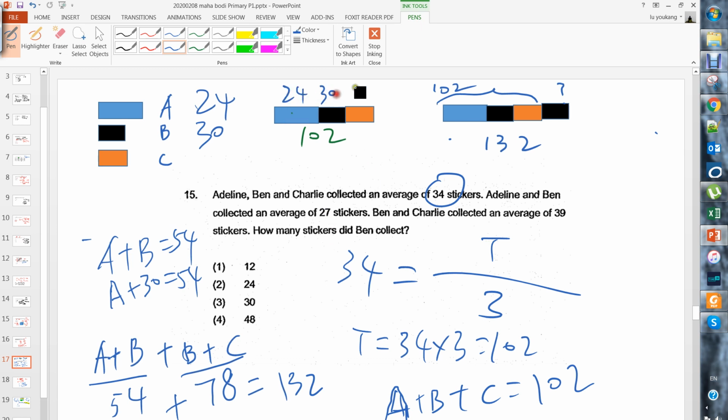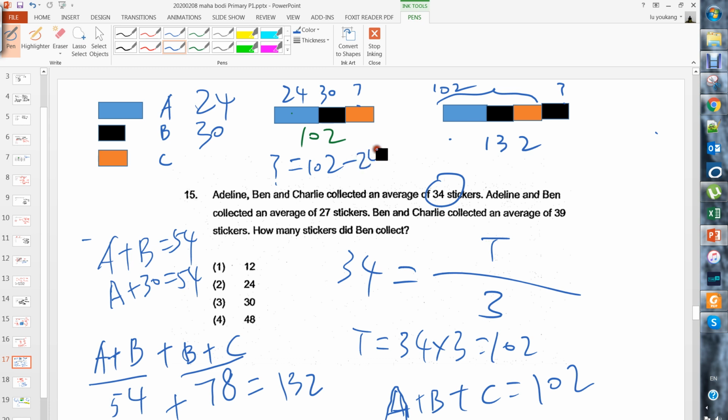24 plus 30 plus question mark is, what's this? 102. Yeah, so how do you find the question mark? What's the operation? 102 minus 24, minus 30.